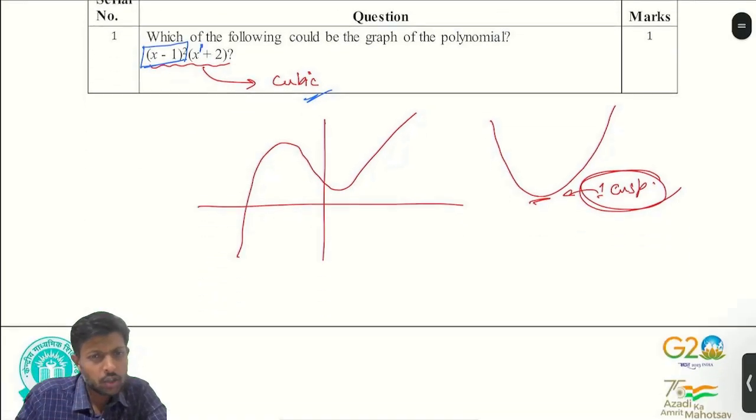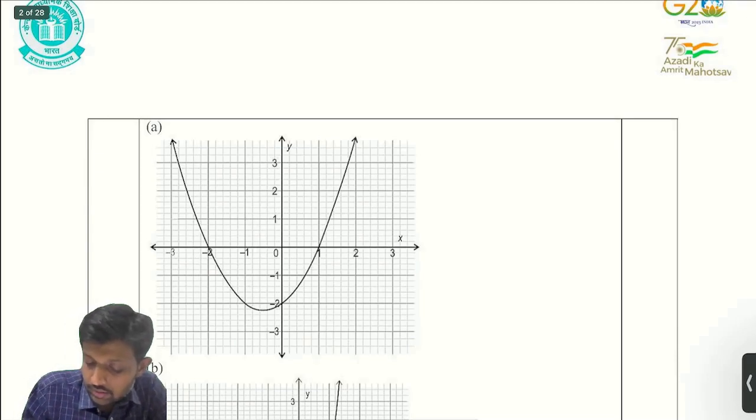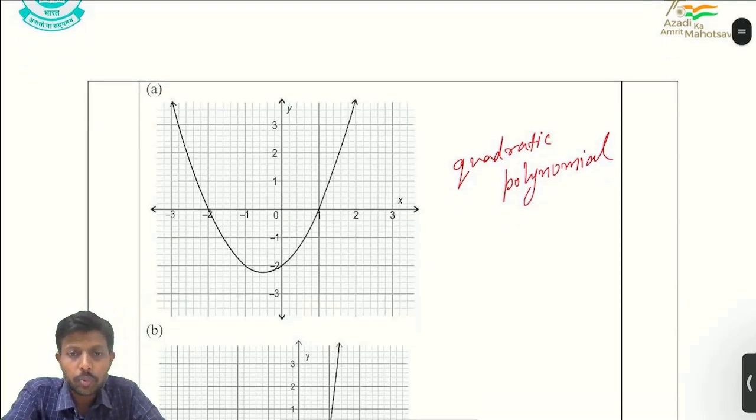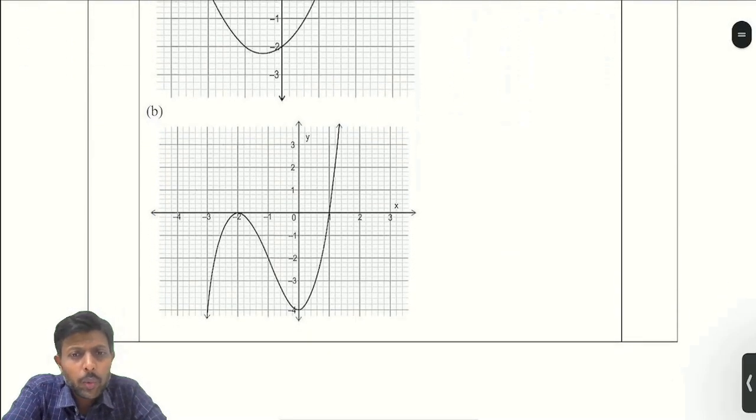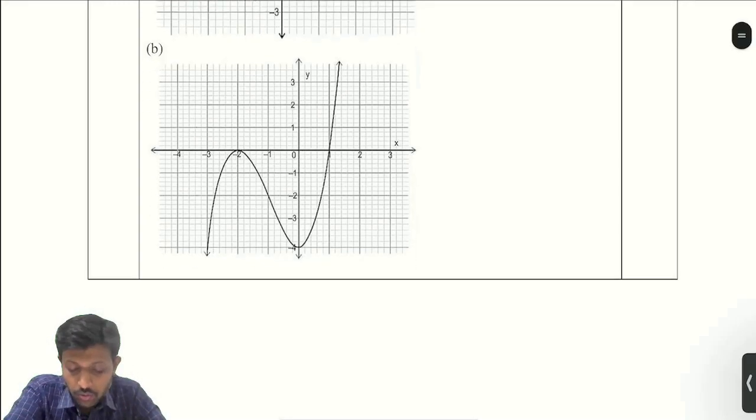So let's see what are the options. Okay, this one is definitely not a cubic polynomial, it's a quadratic polynomial. It's the graph of a quadratic polynomial. The second one, well, it's a cubic polynomial. Okay, this can be the answer, but let's see the other options.